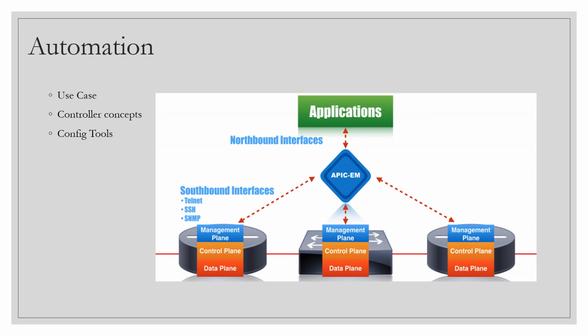So automation, first of all, the use case. Why do we need automation, right? Basically we need to make sure that the level of effort and the overall number of hours that you are putting into configuring the devices is reduced.